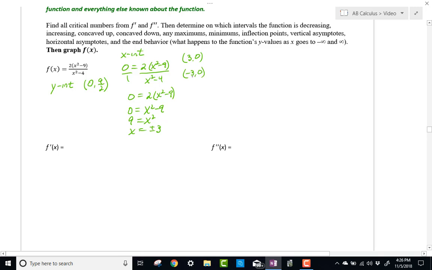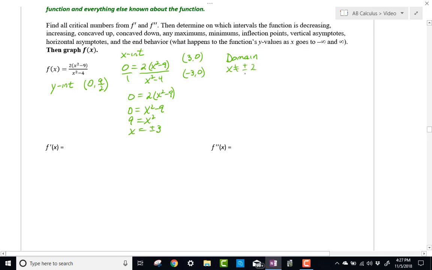Okay, let me see the domain for this guy here. We've got some restrictions on our denominator here, and we could factor the numerator and the denominator and take a look at those, but basically our domain is going to be restricted that x cannot equal positive or negative 2.